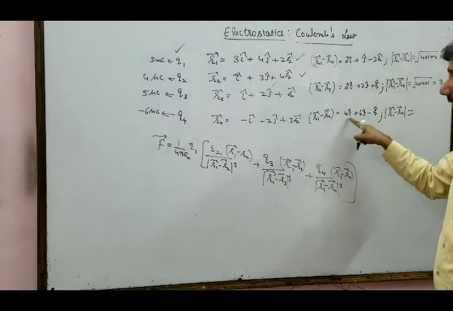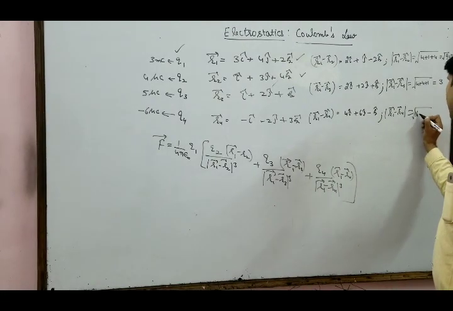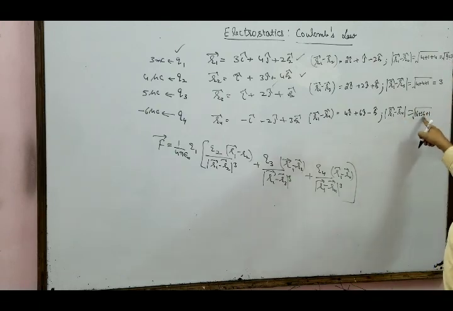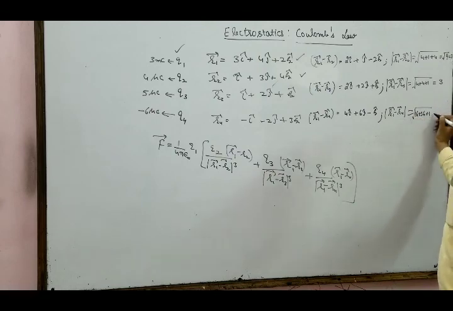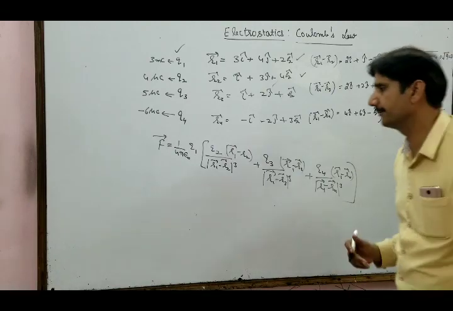It is 16 plus 36 plus 1, which turns out to be under root 53 units.